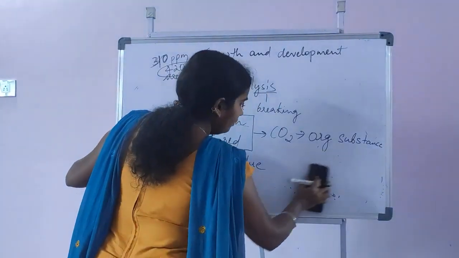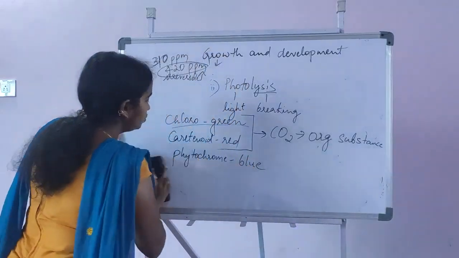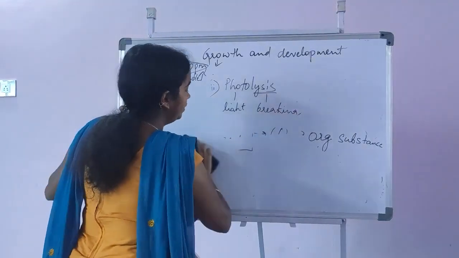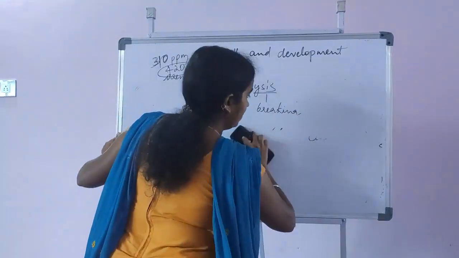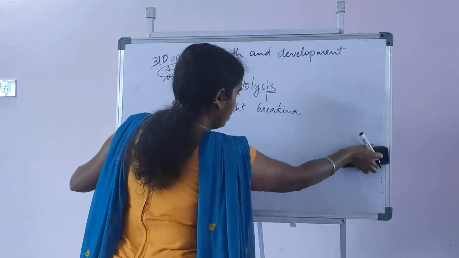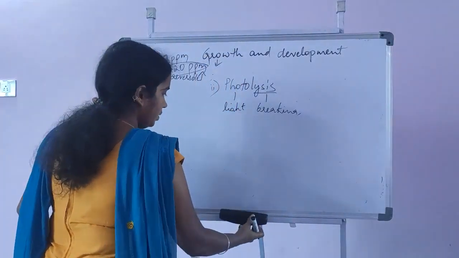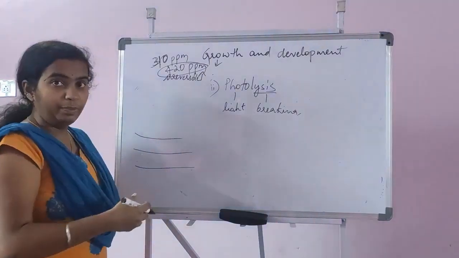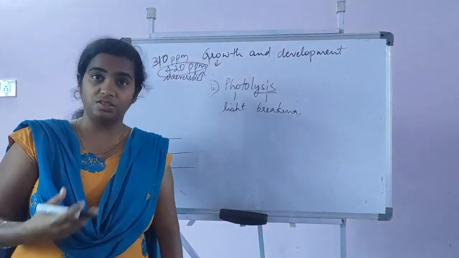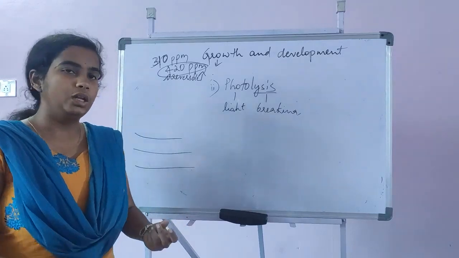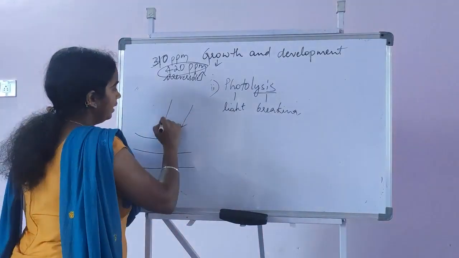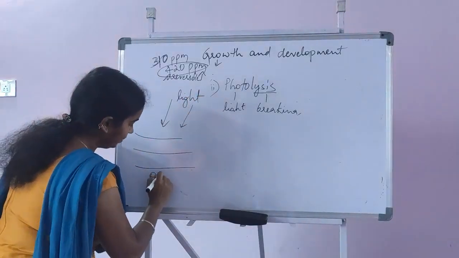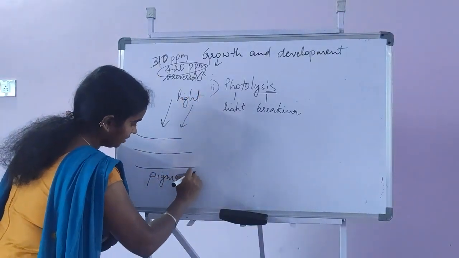Now, what happens to the pigments when they absorb light energy? These are the different orbits of the pigments, like chlorophyll and carotenoid that we have just discussed. When light falls on the pigment, these are pigment layers, just a rough sketch.